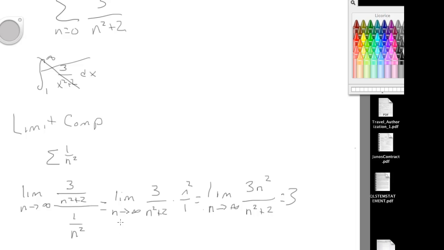So in this case, once again, we get a constant limit between the ratios of the terms of the two series, which means the two series either converge or diverge together. Since we know 1 over n squared converges, we now know that 3 over n squared plus 2 also converges.